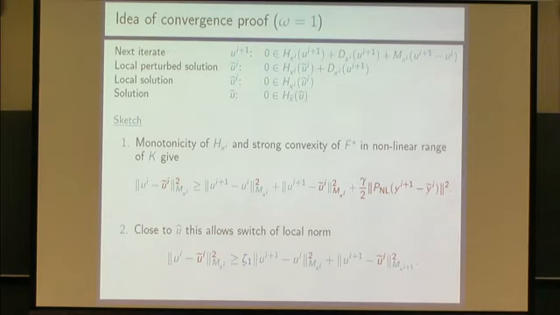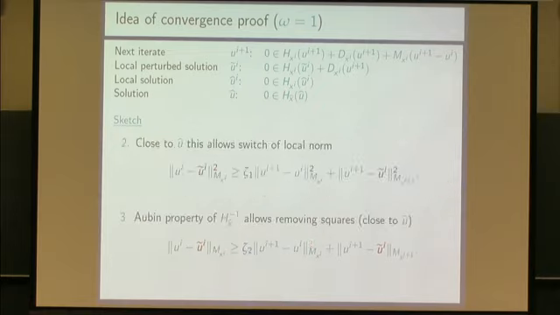We can eliminate this bar and add some factor here, and so this way switch to the next local metric at the next point, correct metric at the next point. Then we need the so-called open property of our monotone operator, or its inverse, which is it's a set-valued Lipschitz property. We won't go into the details of that. And using that, we can remove the squares. This is just a technical step that's necessary to move to the next part.